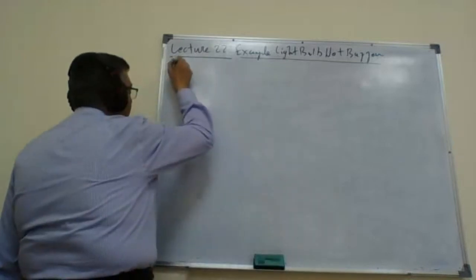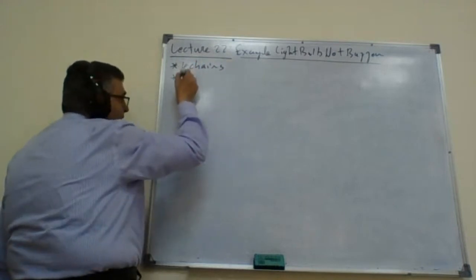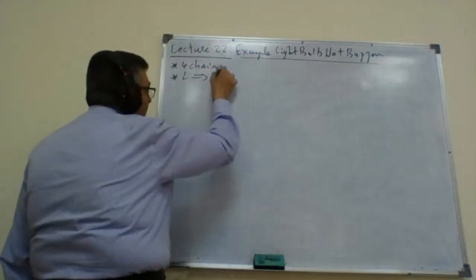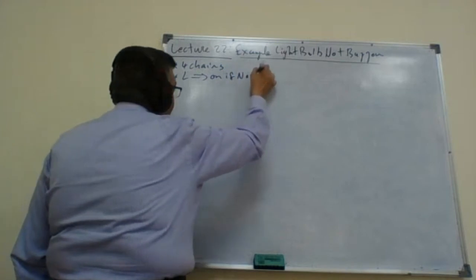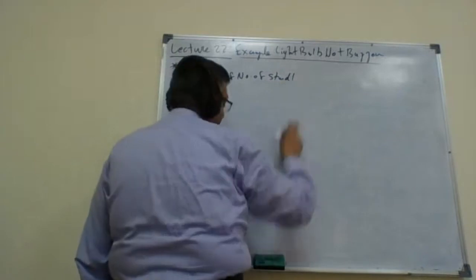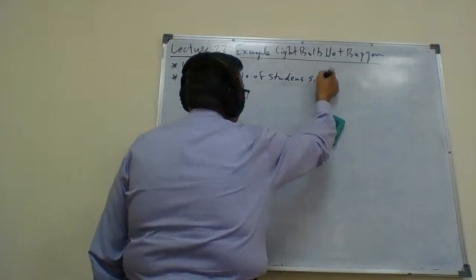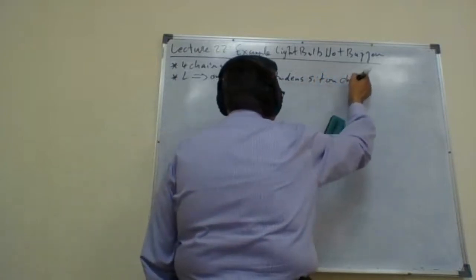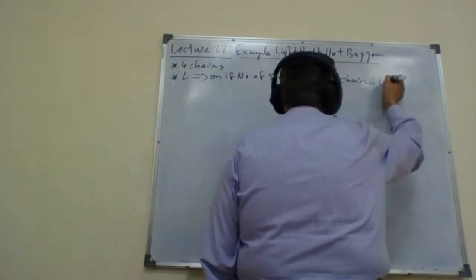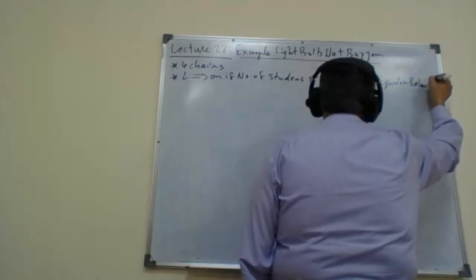The light bulb, which we call L, will go on if the number of students sitting on the chairs is equal to or below 2.